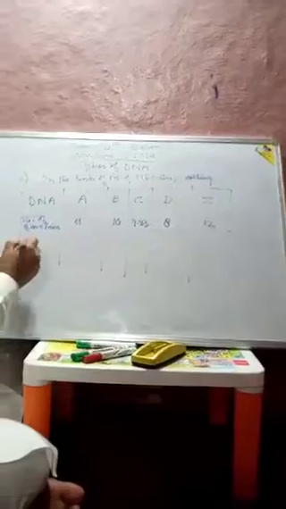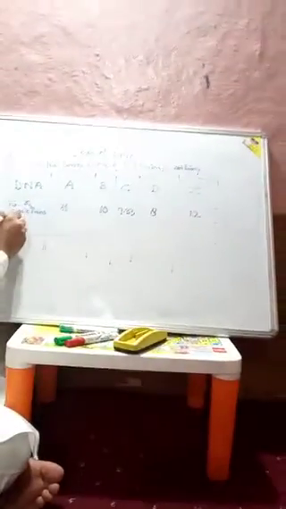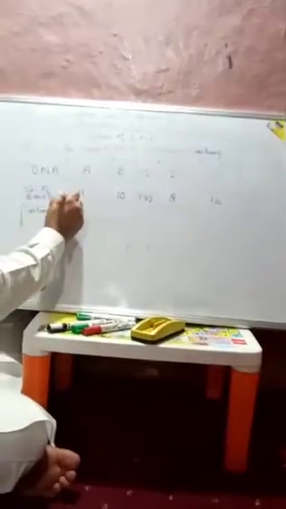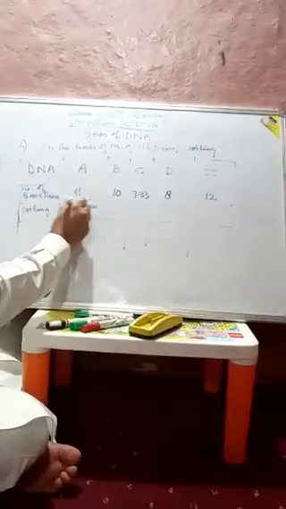Now, second, coiling. How does it coil? In A, the coiling is right hand, that is clockwise. Clockwise, or we can say right-handed.